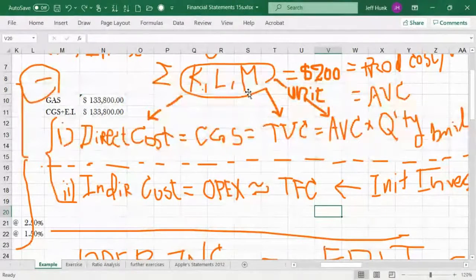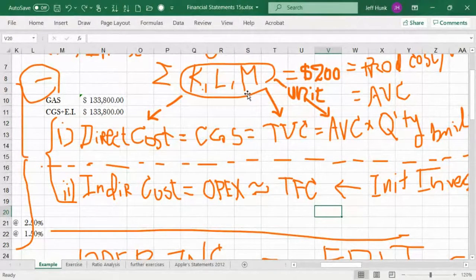Now, it's not difficult to double the raw material as long as there's no raw material shortage. And we can double the usage of capital, it's just the time. We run the machine twice the time.